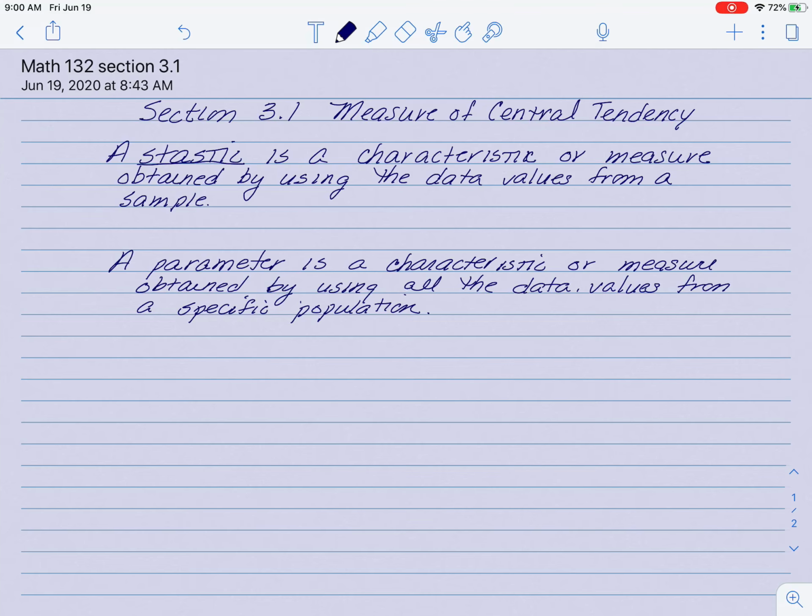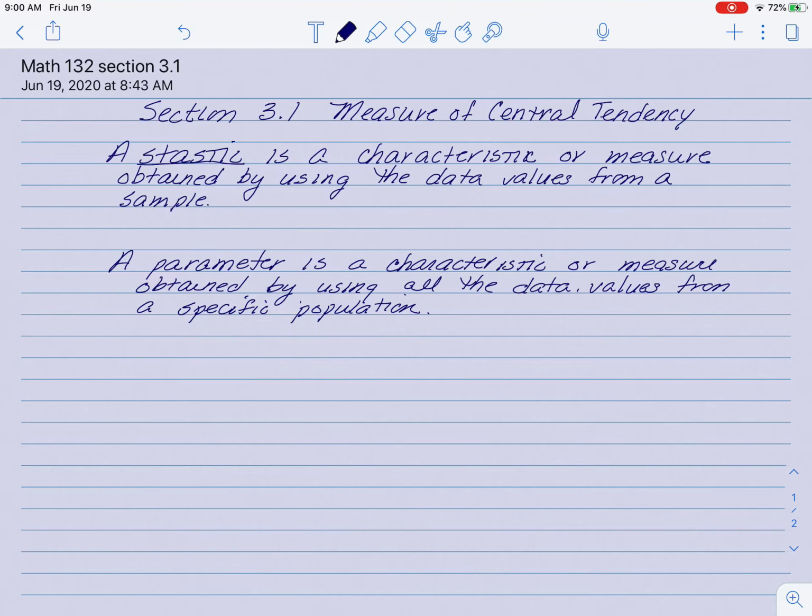Then that would be a parameter because we gathered all the heights of everybody in the class and figured out what the mean height was. If instead I said I wanted to determine the mean height of the class, but I'm only going to do it with a sample of 5 people, and we have more than 5 people in the class, then that would be a statistic. So a statistic comes from a sample, and a parameter comes from the whole population.